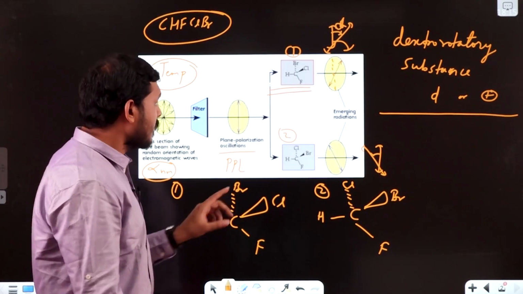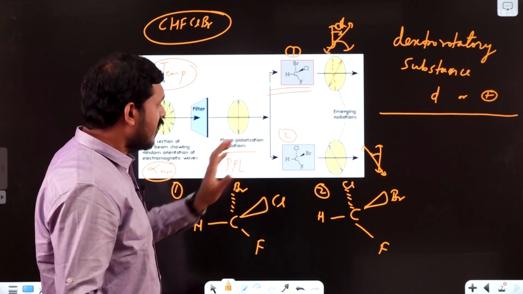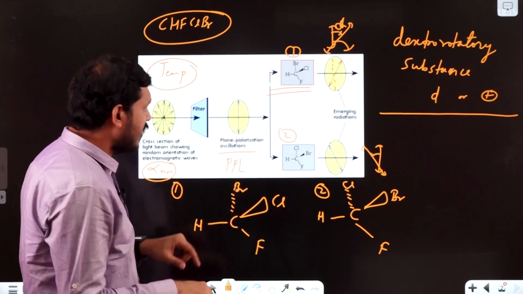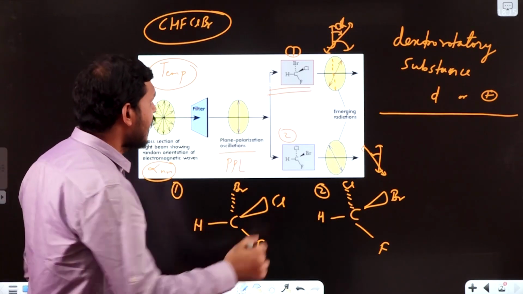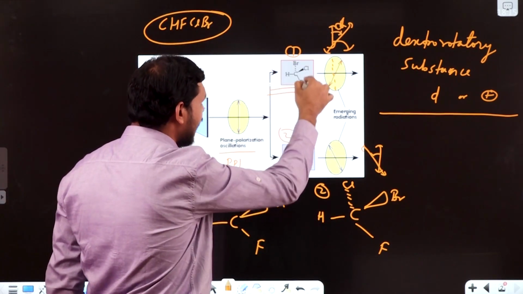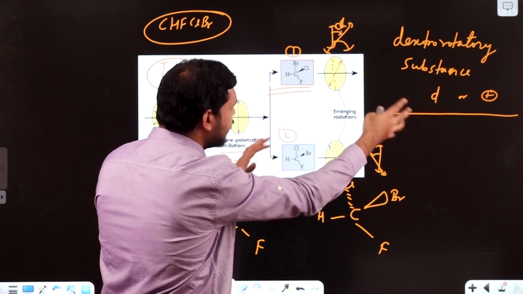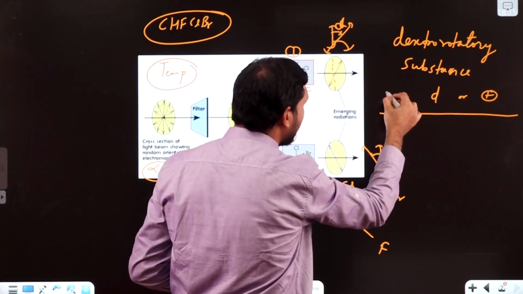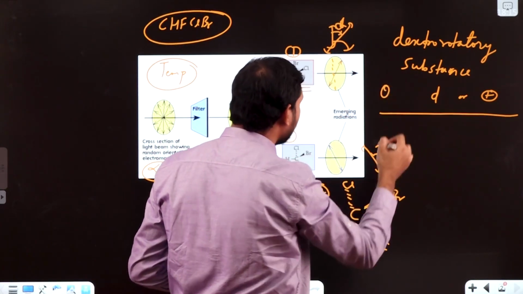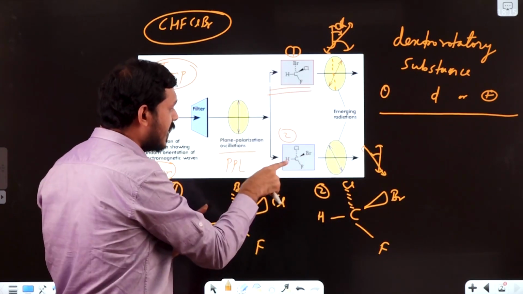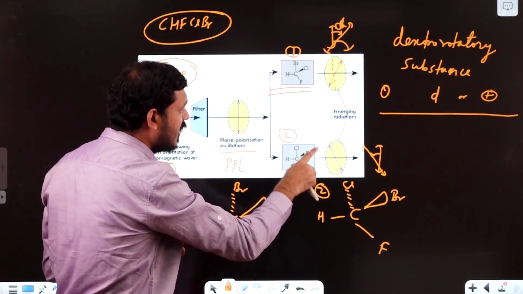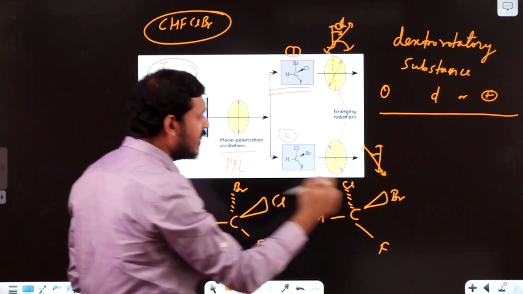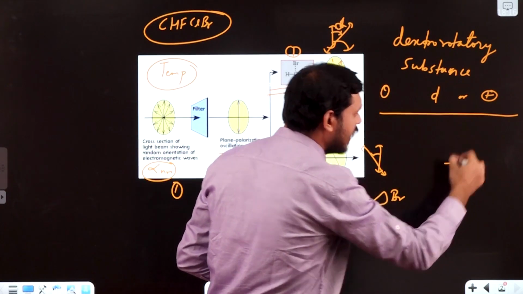So the angle will be a particular angle, but the only difference in these two is that if this compound rotates the light in clockwise direction by an angle alpha, say theta, then the same compound which is the mirror image of this one will rotate in anti-clockwise direction and the angle will be minus theta.